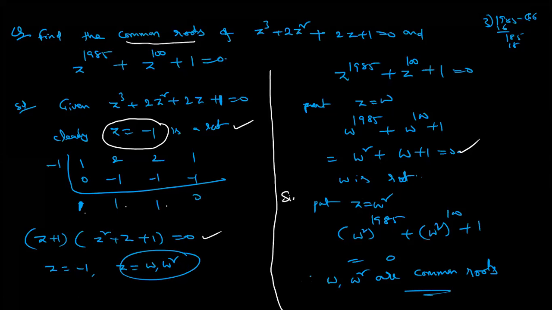Similarly, put z is equal to omega square. This one also comes 0. Therefore, omega and omega square are the two common roots.